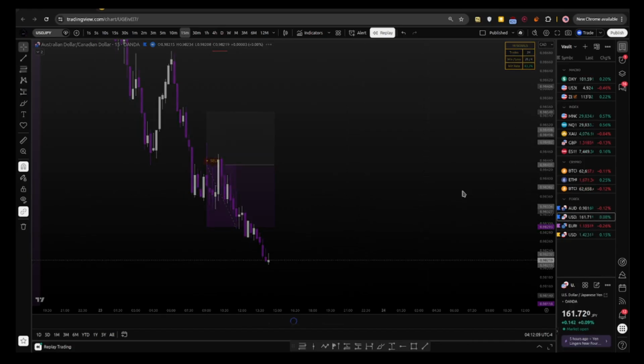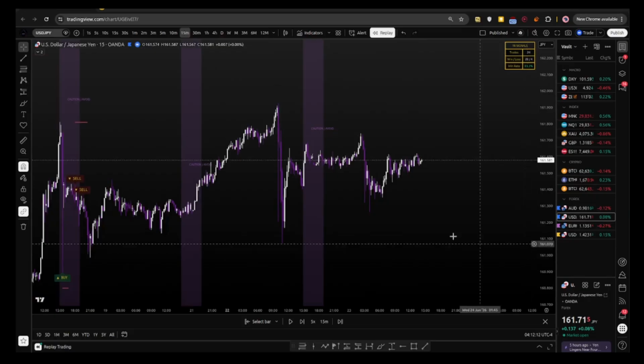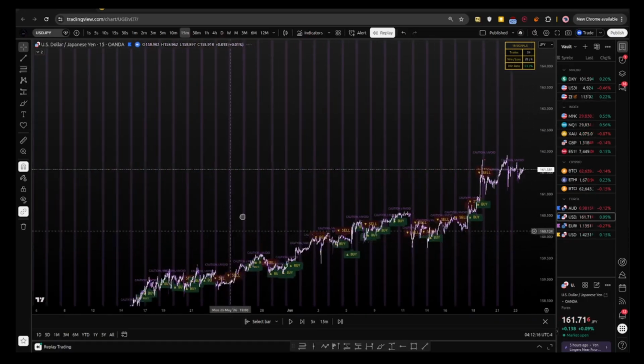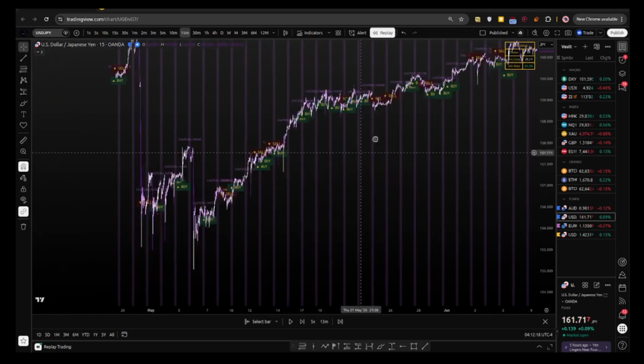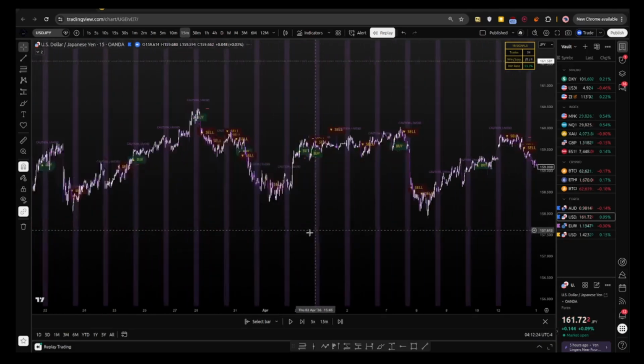And you can also do it on USD JPY. All works in the same way. For example, on USD JPY there are so many buys with the trend, all take profit. Sells, for example, all would have hit massive take profit.